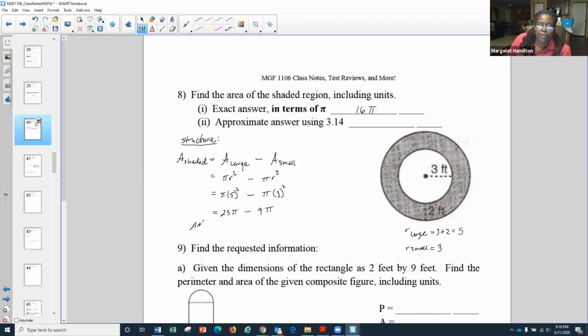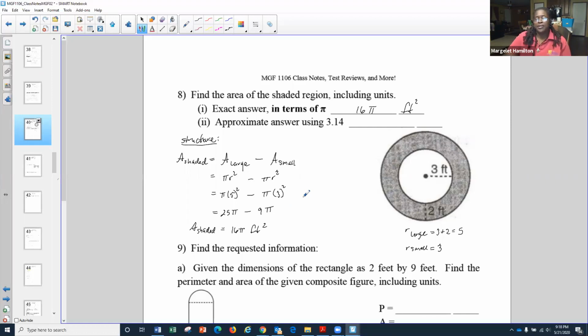So the area of the shaded we found is 16 pi. And then our dimensions are feet squared. Okay.